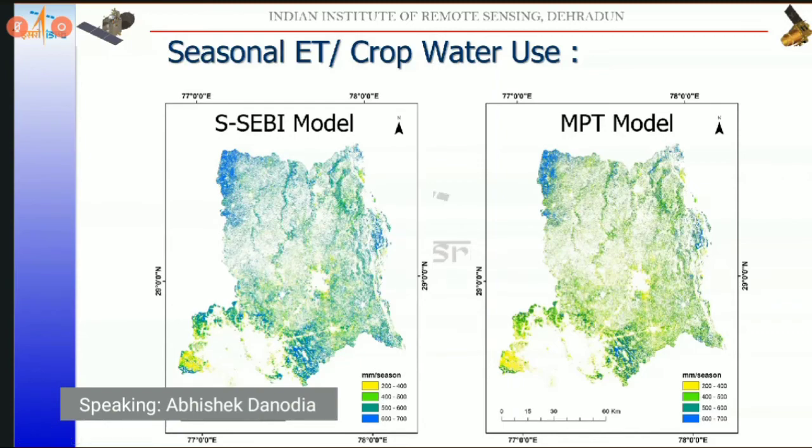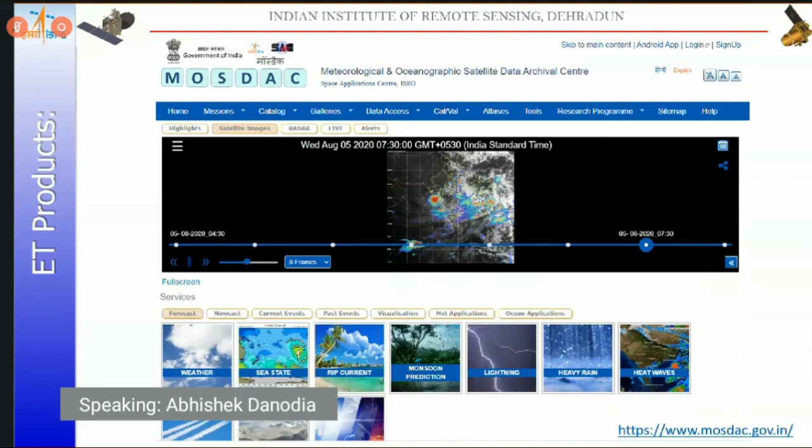Now these are all in terms of research findings when we use some specific remote sensing energy balance methodology as we discussed earlier.